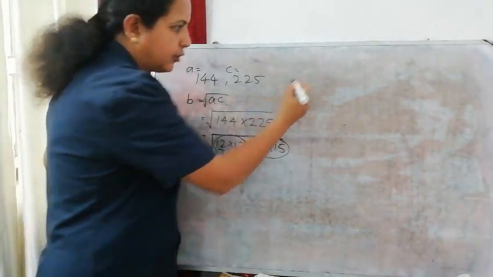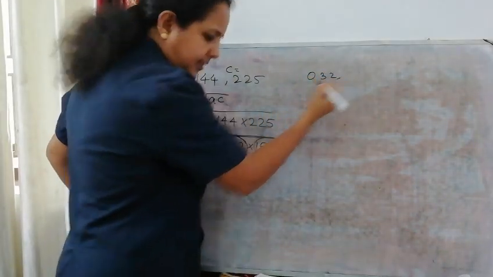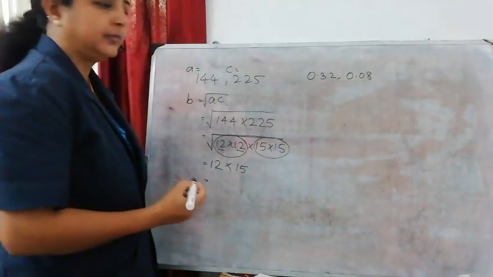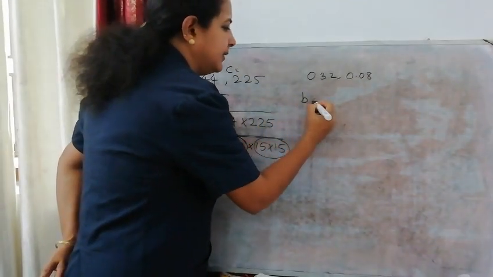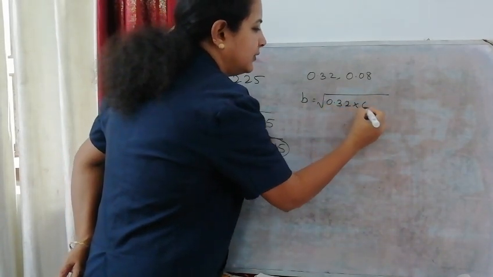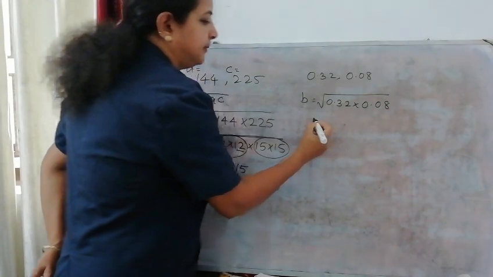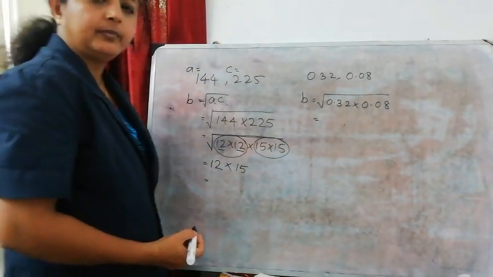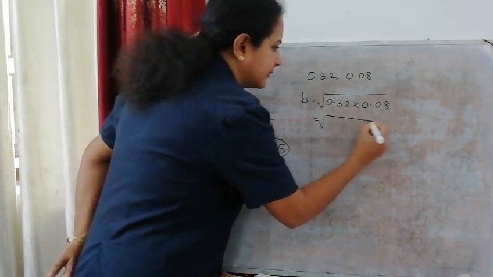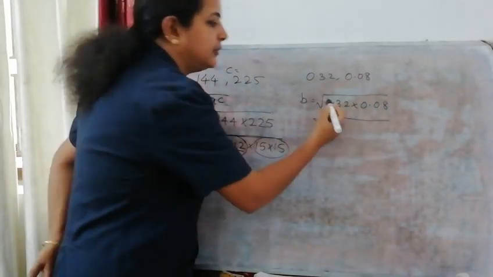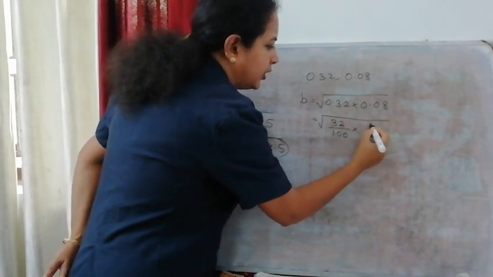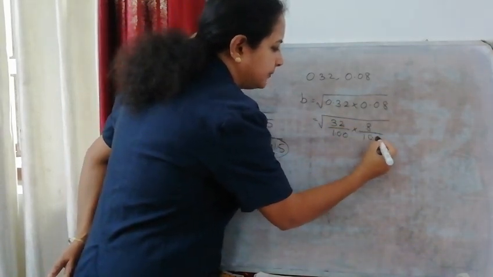Next, 0.32 and 0.08. B square is equal to AC, so B is equal to square root of 0.32 into 0.08. Then factorize this. We can write this as 32 by 100 into 8 by 100.